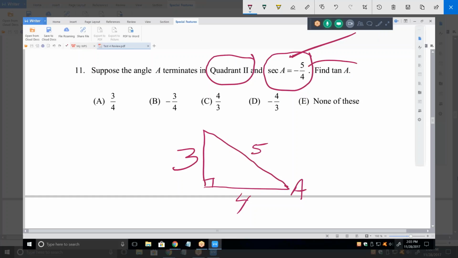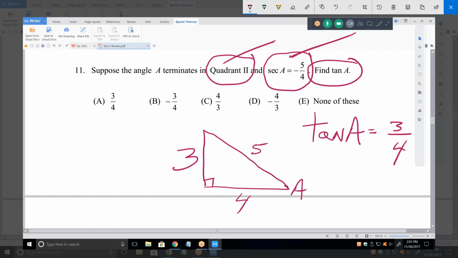Now, what's the tangent of A? It's the absolute number. The 3/4. So A. Now, let's go back and see, we're in quadrant 2.